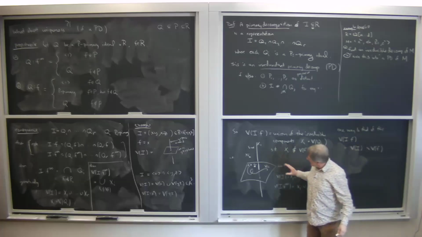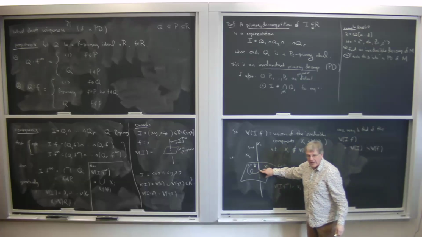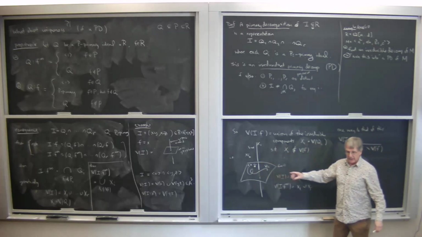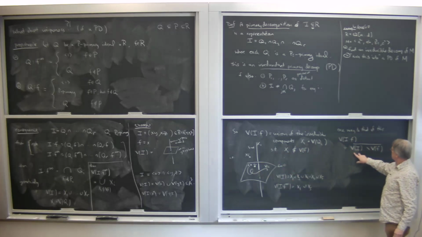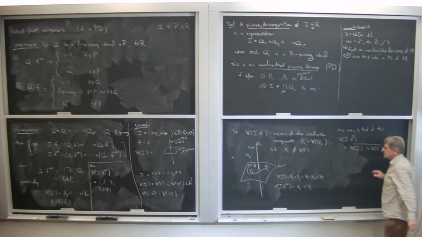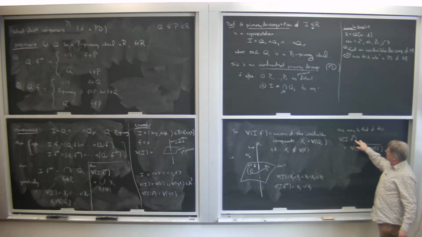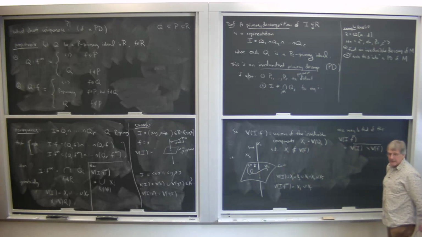You got rid of, if I take this thing and reduce that, I have an open thing here where I got rid of that point. But I close it up, I take the closure of it, and it puts it back in. If I is a radical ideal, it doesn't matter. It's going to be the same thing. But in any case, this is what it is.